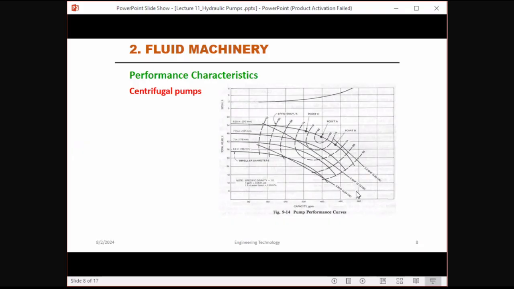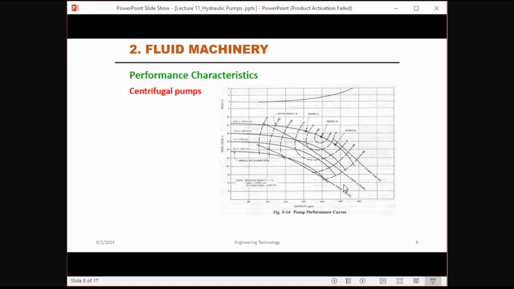Then BHP. Here you can see BHP. BHP means brake horsepower lines. These are BHP lines, labeled with values such as 3 BHP, 5 BHP, and 7.5 BHP.